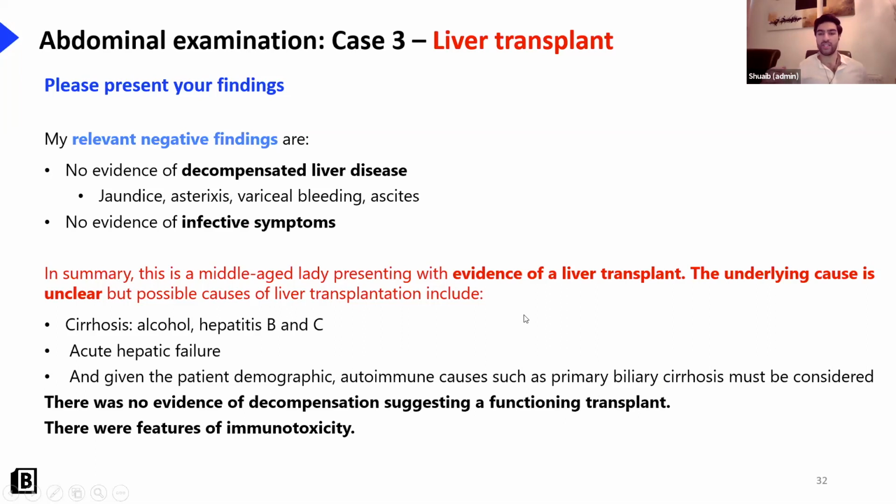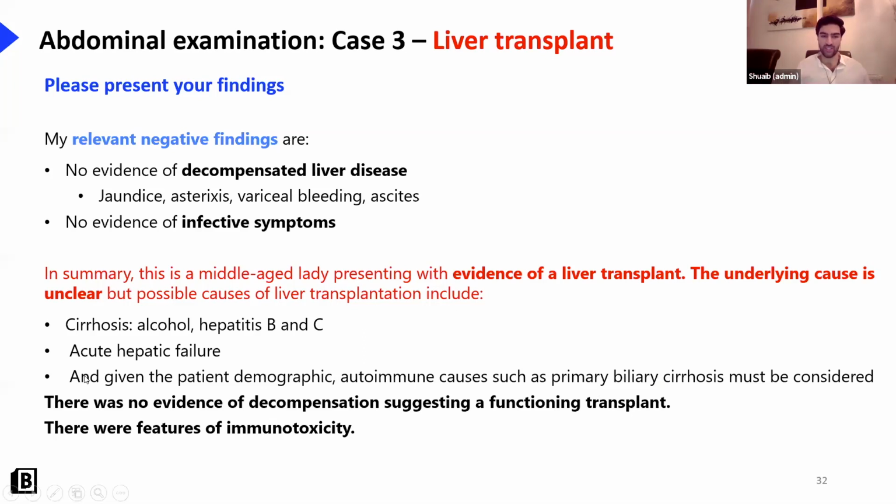So again, you need to go beyond just saying liver transplantation. If you stop there, that's actually fine, but if you really want to get the extra points, you need to speculate on a cause. So in this case, just list the most common causes because there's no evidence as to what the underlying cause was.